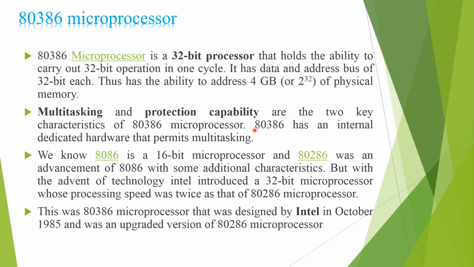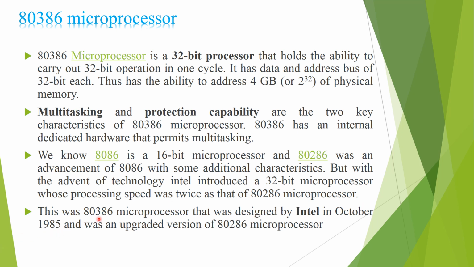multitasking. As we know that 8086 is a 16-bit microprocessor and 80286 was the advanced version of the 8086 with some additional characteristics, but with the advent of technology, Intel introduced a 32-bit microprocessor whose processing speed was twice that of the 80286 microprocessor.